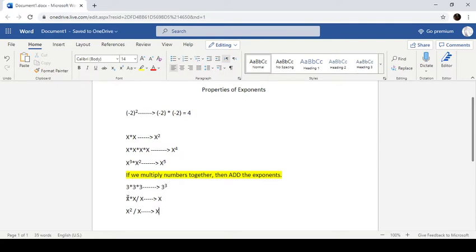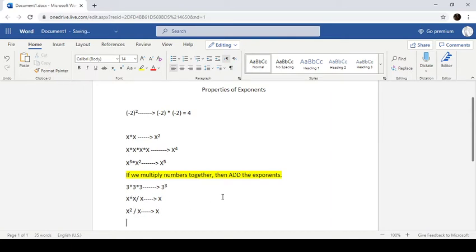So what's happening here is, when we multiply, we add the exponents together. When we divide, just like division being the opposite of multiplication, we're going to be subtracting. So when we multiply, we add. The opposite is true here. When we divide, we subtract.